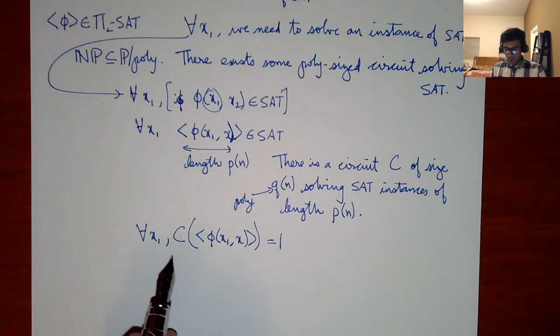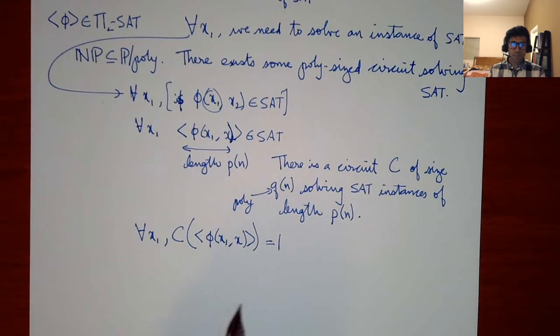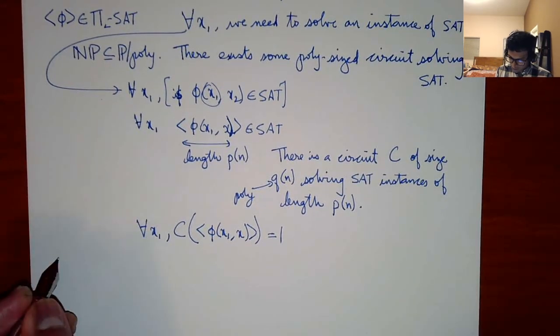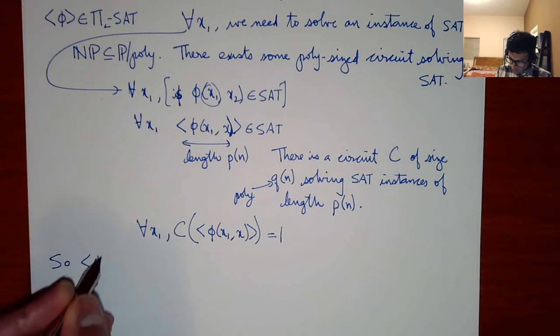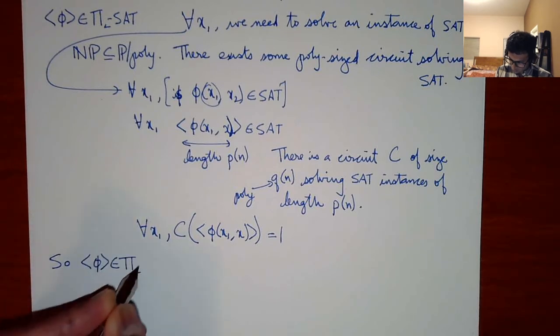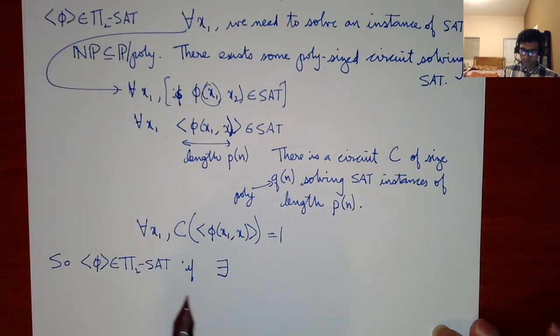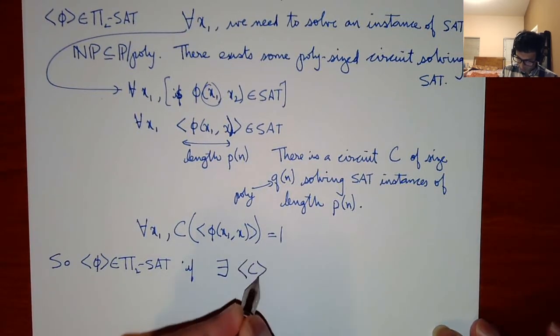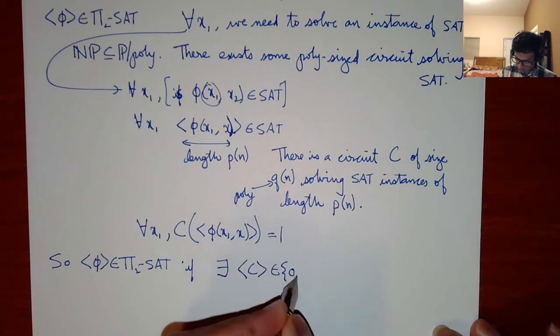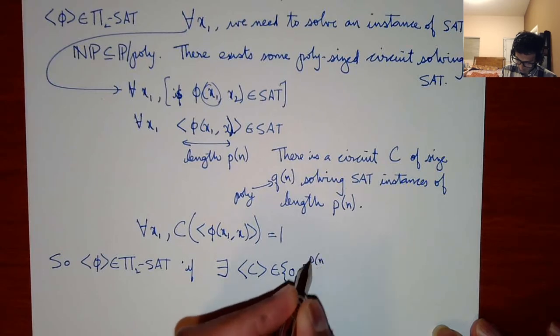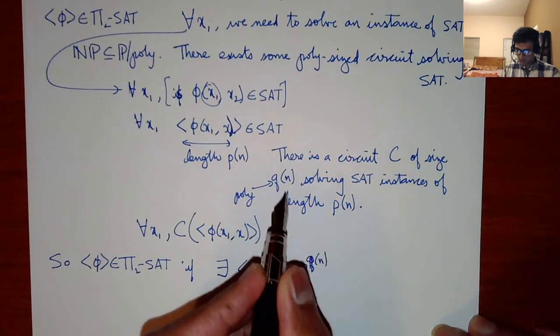We don't know what the circuit is, but we can use non-determinism to actually guess the circuit. So we can say that phi is in pi 2 SAT if there exists some C whose encoding length is q of n, which is like the circuit size.